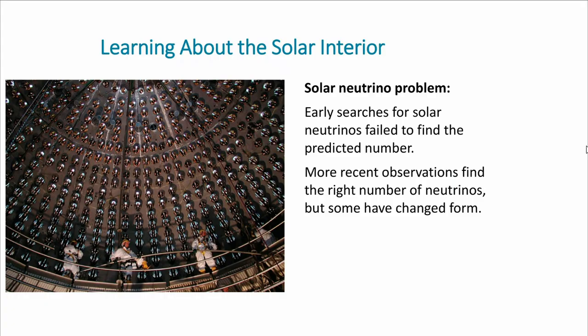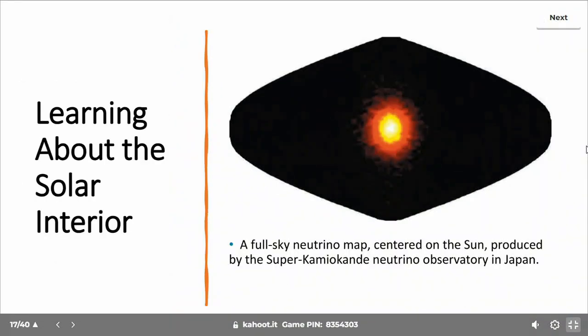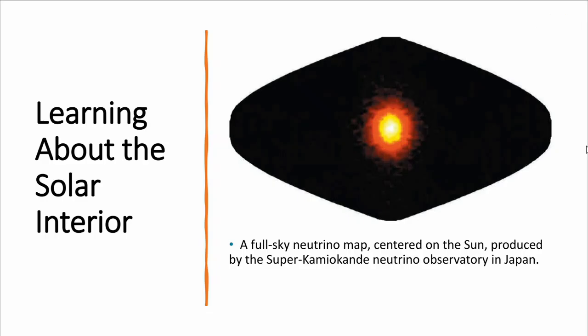So this is one of the experiments to detect neutrinos, and if there weren't nuclear reactions happening in the sun, then we wouldn't be detecting these neutrinos. This is a picture of what the sky looks like in neutrinos. Basically we don't get any neutrinos from other places, they're all coming from the sun.